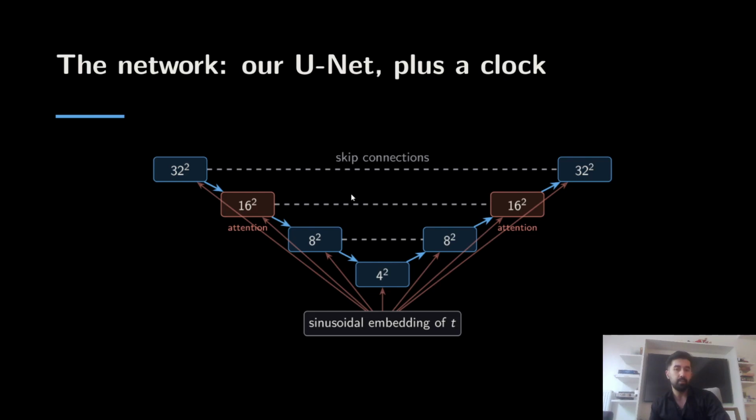So t becomes an input, and usually, as we spoke in the attention is all you need video, to give time information we use sinusoidal embedding, the same positional encoding from the transformers video. And there's also self-attention at 16 by 16 resolution, which is basically just to give the model context on the relationship between the individual pixels. And yeah, that's it.